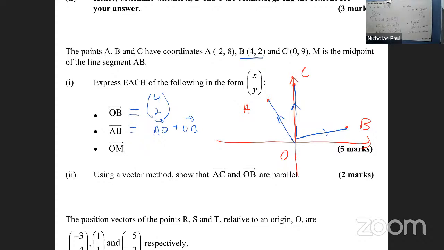M is where? Right. So draw it to B and then put M.